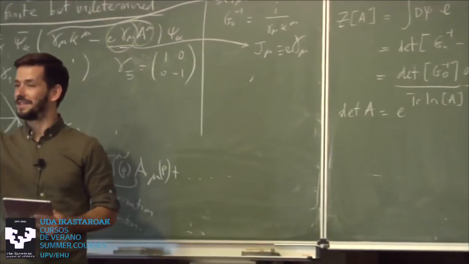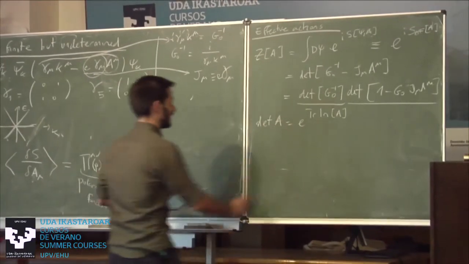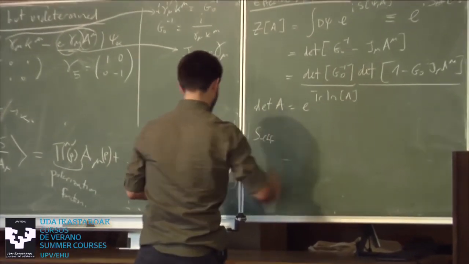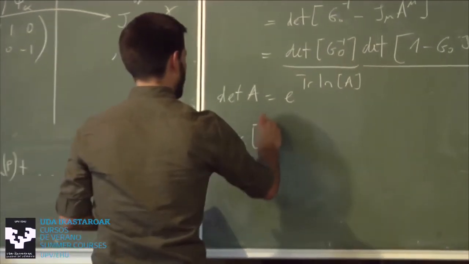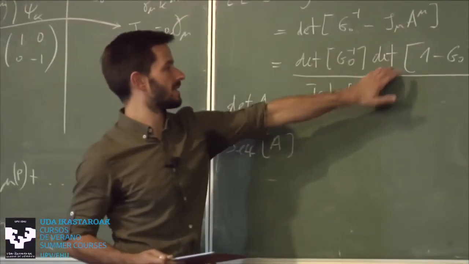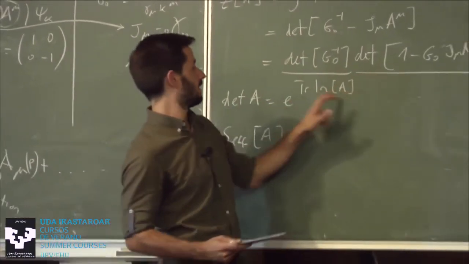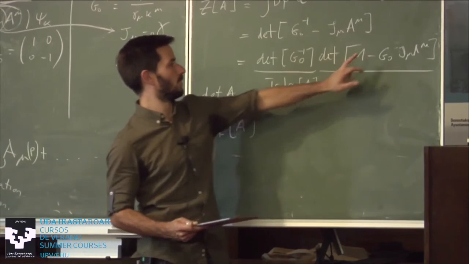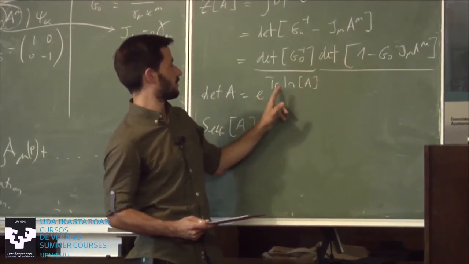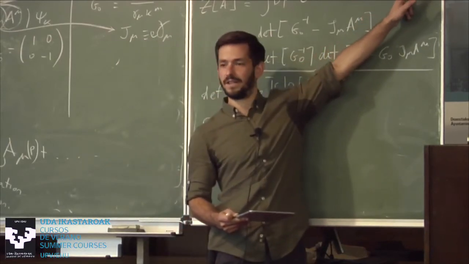Actually, you can learn all of this in Alex's book, by the way. So now I can write this determinant using this. E to the trace log of A is the determinant of A. So what's A? A is this, and trace log of A is exactly the effective action.